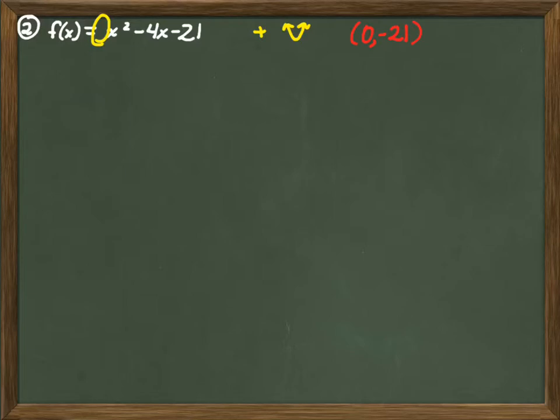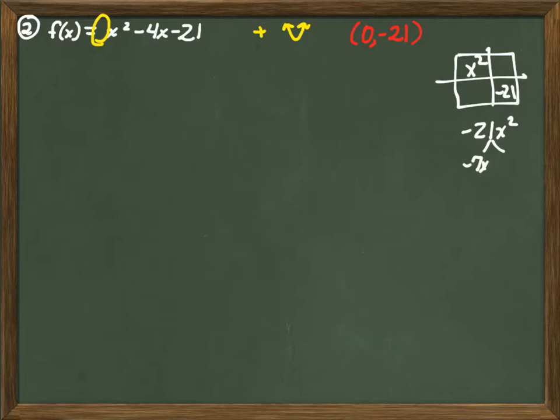And now I just need to find the other pieces of information. So to get them, I need to factor. So I create my little factor box. I know this is going to be an x squared. I know this is going to be a negative 21. I multiply those together. I get negative 21x squared. Look for the factors that will give me the sum of a negative 4. And so negative 7x and a positive 3x will give me that.